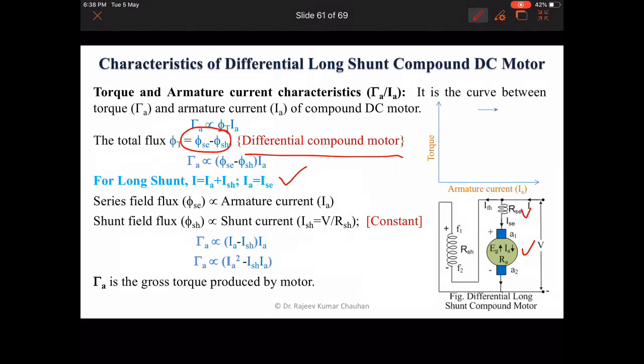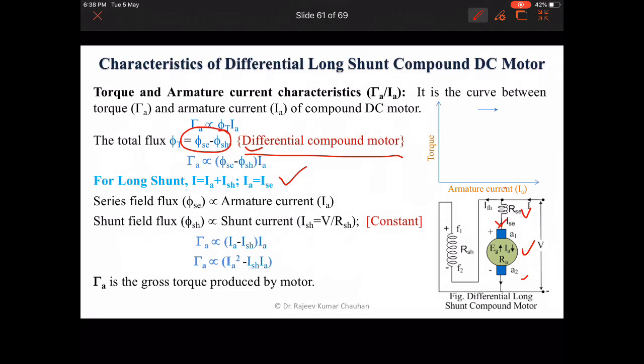F1 is connected to the A2 and F2 is connected to the A1 side terminal of the series field winding. Therefore, the current direction in the shunt field winding will be reversed, and the flux phi SH will be reversed. Therefore, I have written down this is minus phi SH. Series field flux phi SE is proportional to the armature current here, because the series field winding and armature are connected in series.